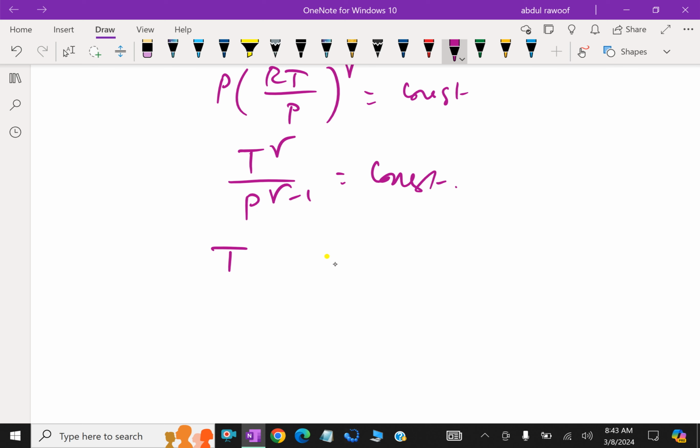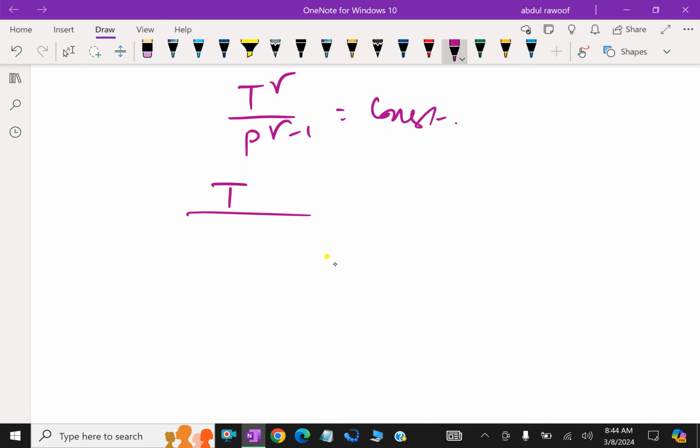Therefore you can write T over P power gamma minus 1 over gamma equal to constant.